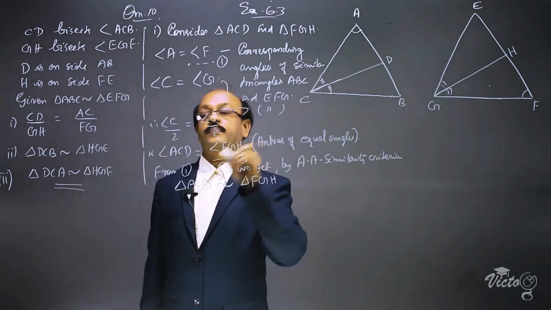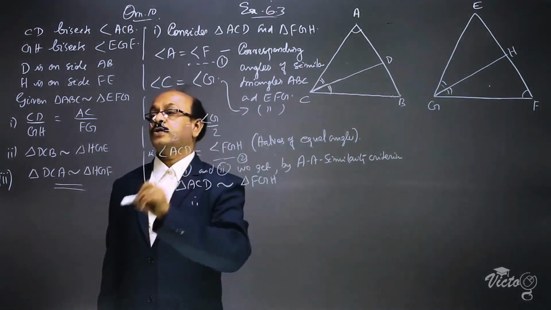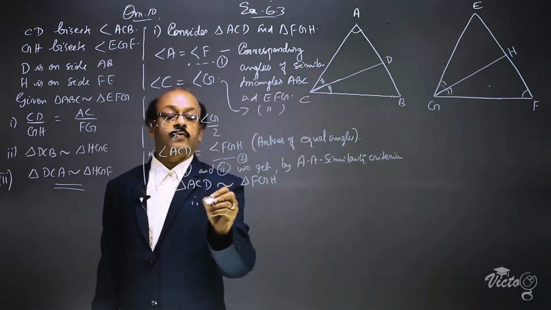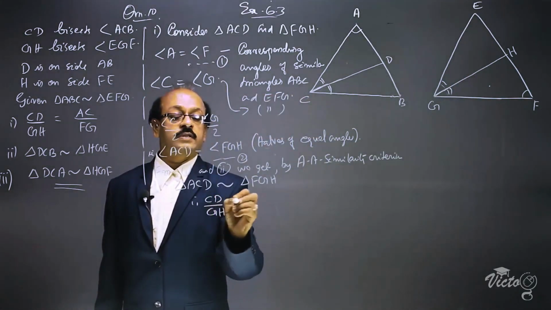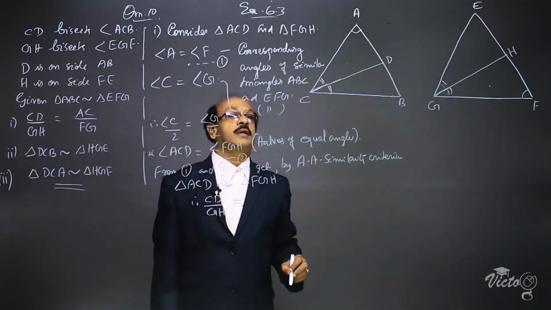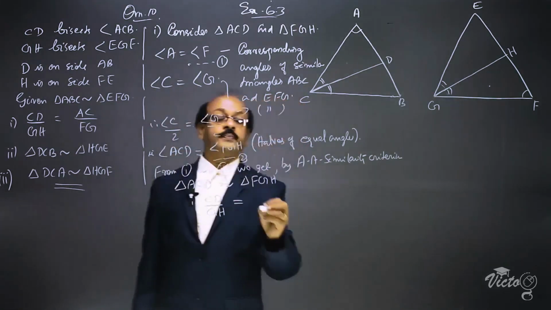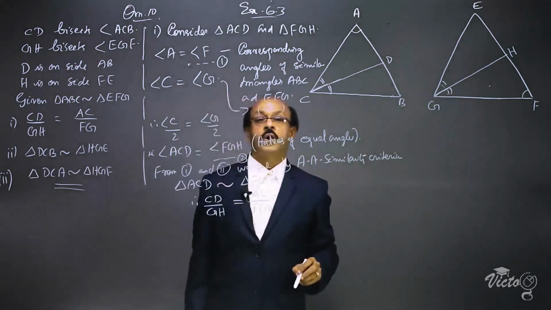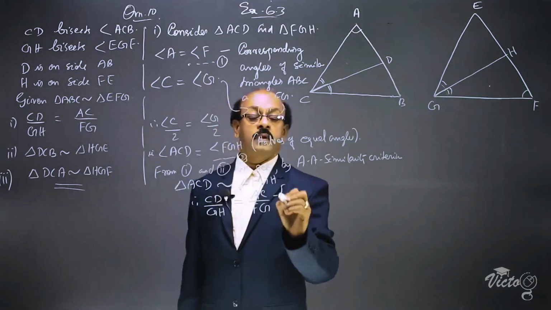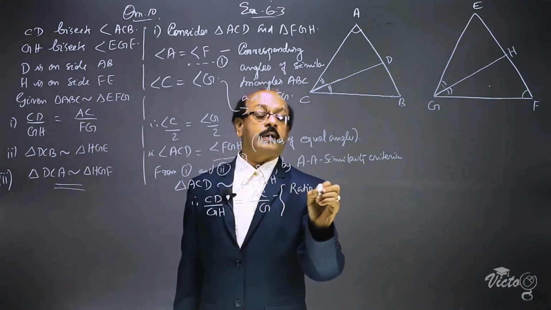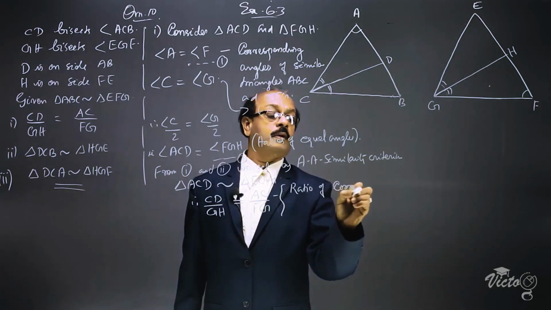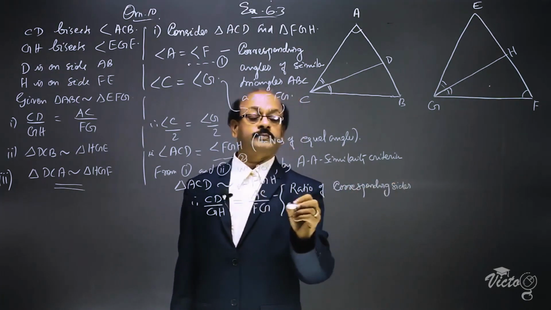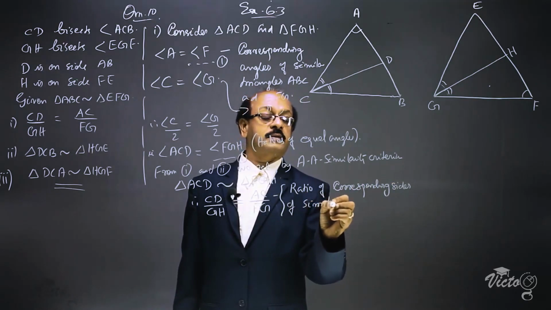Therefore, the ratio of corresponding sides, CD by GH is equal to AC by FG. Reason, ratio of corresponding sides of similar triangles.